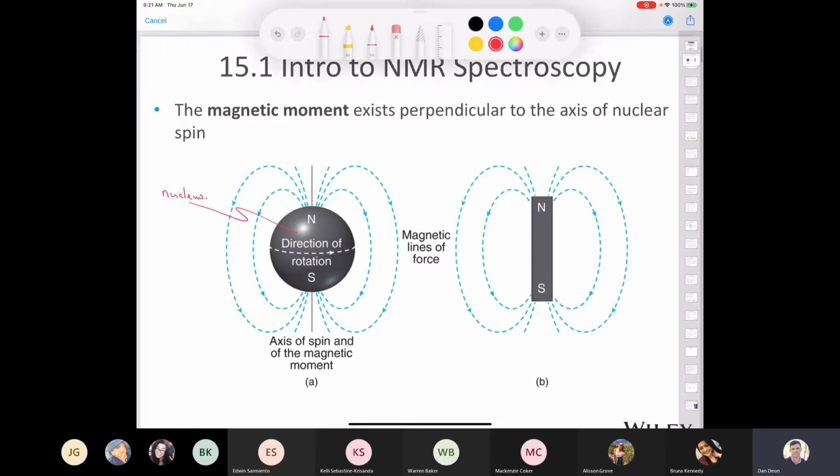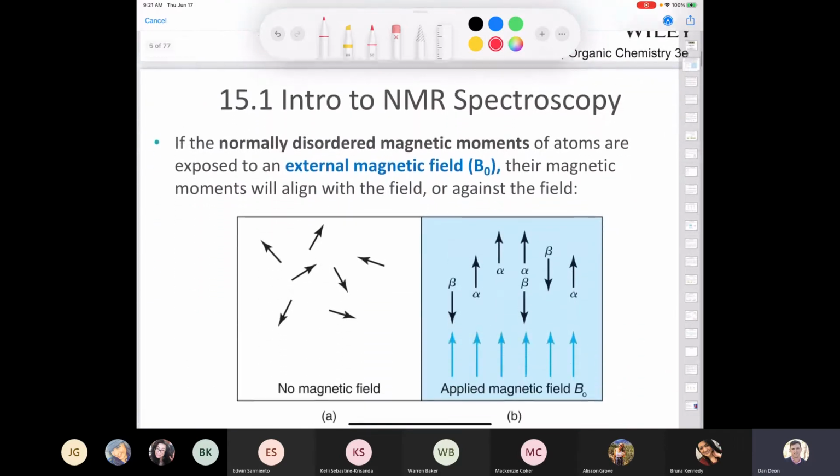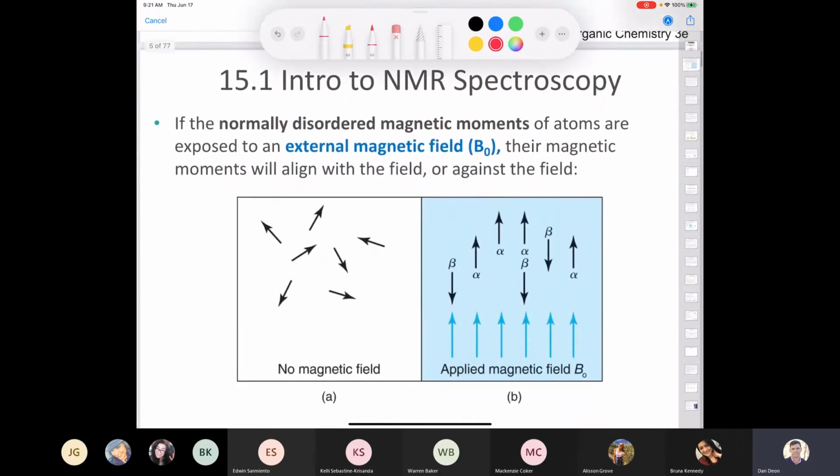What's interesting about these spinning nuclei is that if you think of all the different nuclei you have in an organic compound, all these proton and carbon nuclei, normally all those little magnetic fields, those little magnetic moments, are just randomly pointing in whatever direction. So you have a sample of an organic compound, the nuclei are spinning, creating these little magnetic fields, but they're all pointing in random, any direction at all.